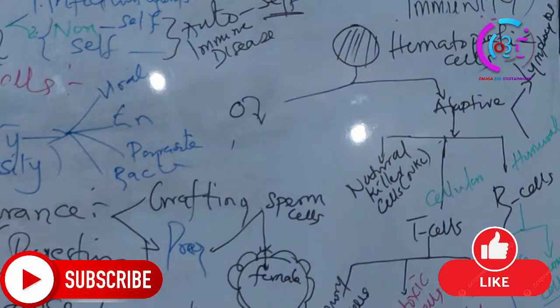Don't forget that I said that. So if it is going to be a B cell, that means it is going to come from the bone marrow.